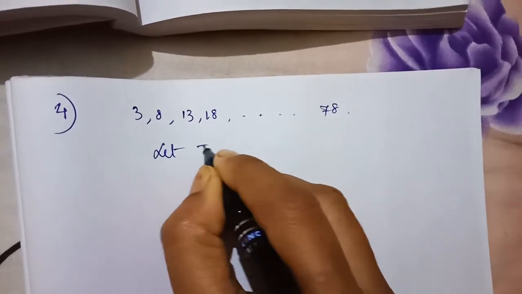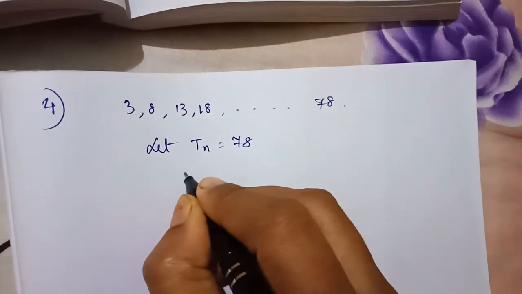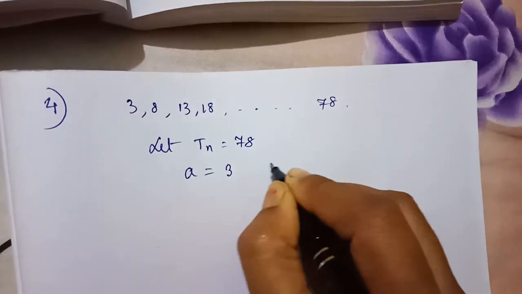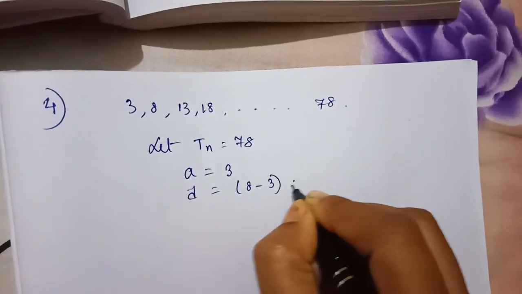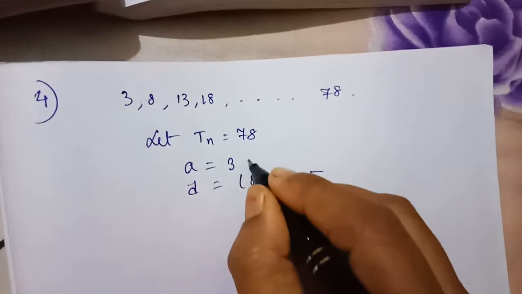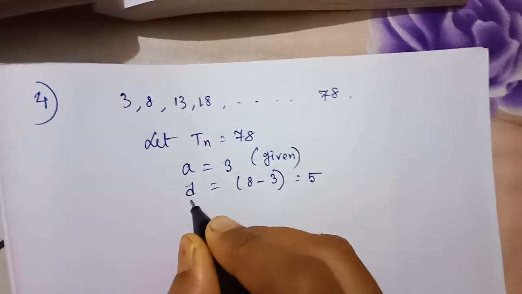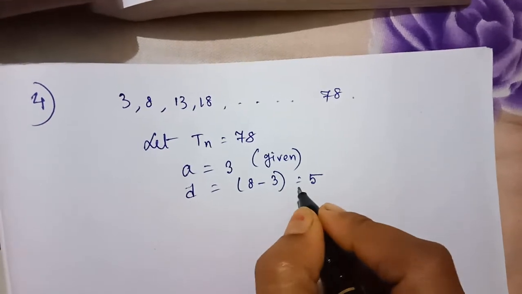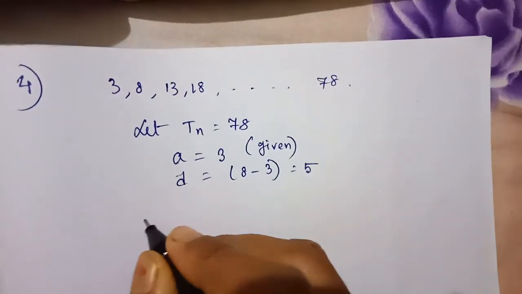Let Tn equals 78, A equals 3, D equals 8 minus 3 equals 5. A equals 3 given. D we have got from the calculation T2 minus T1, that is equals to 5.